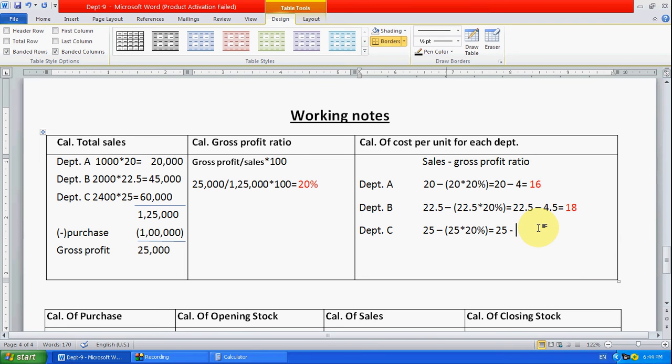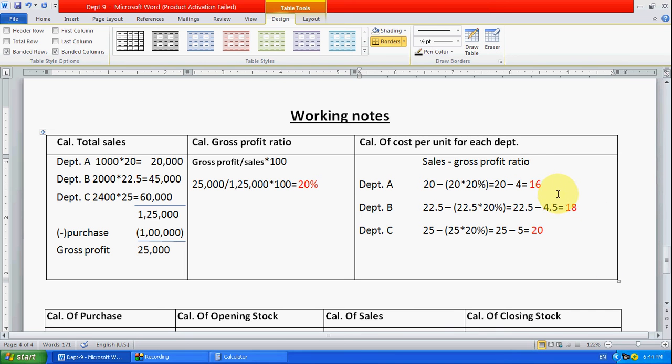So 25 minus 5 means 20 we will get. So 20 is the price.